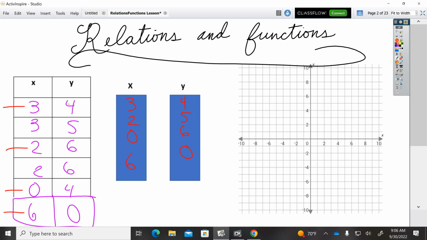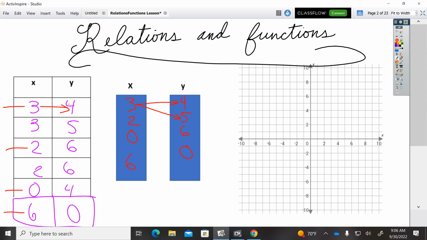Everybody with me? All right, so 3 is related to, what else is it related to? 5. So we put an arrow from 3 to 4 and from 3 to 5. All right, now we go to the next one. 2. 2 is related to what number?